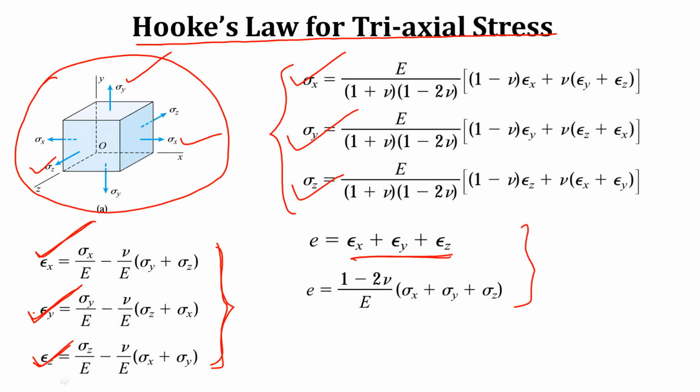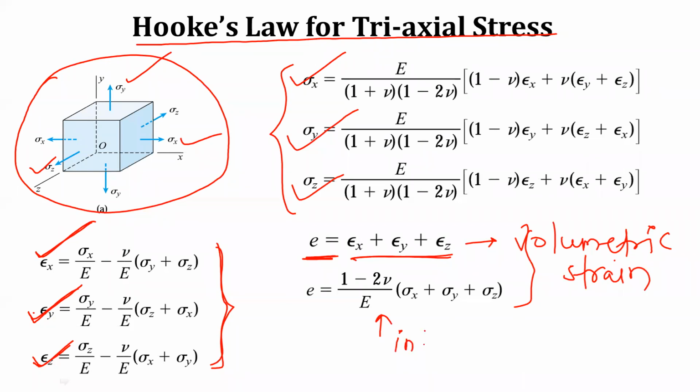If we are having changes in 3 dimensions, that means there will be a change in the volume, right? And if we simply add these changes, you will have the change in volume, that is the volumetric strain. This small e is called the volumetric strain. And this volumetric strain is represented in terms of stress this way.